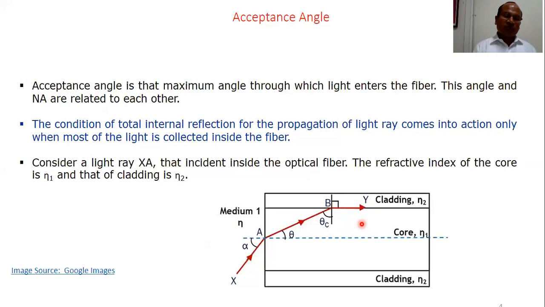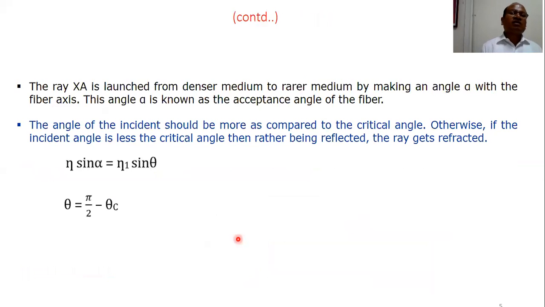It depends on this alpha. Therefore alpha is the acceptance angle, the maximum value allowed by which the light enters and has TIR. The ray is launched from denser medium to rarer medium by making an angle alpha with the fiber axis. The angle is known as the acceptance angle.